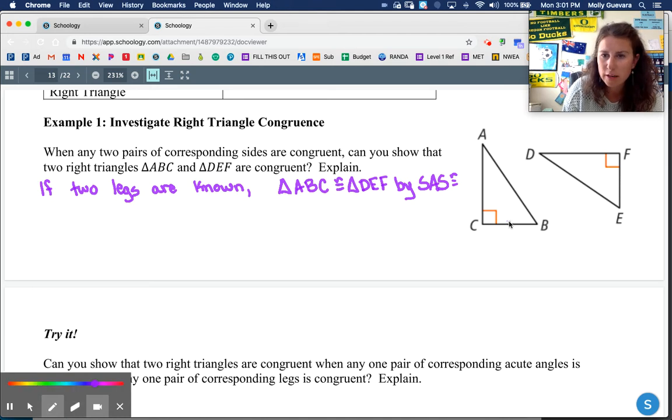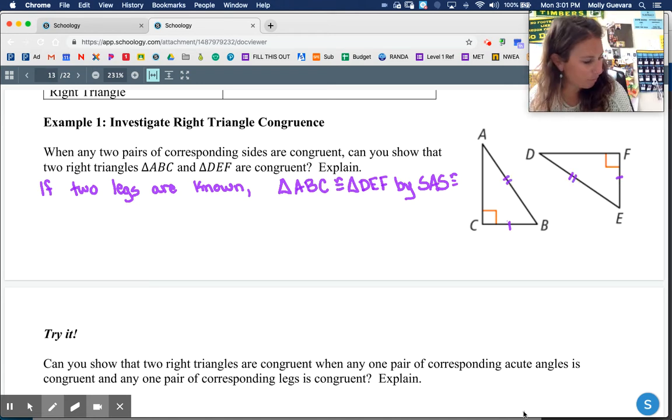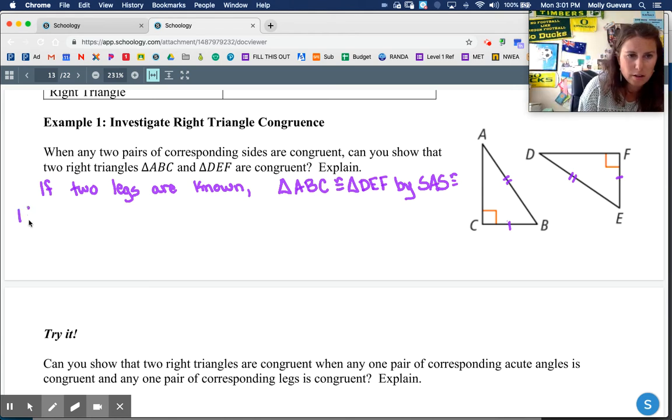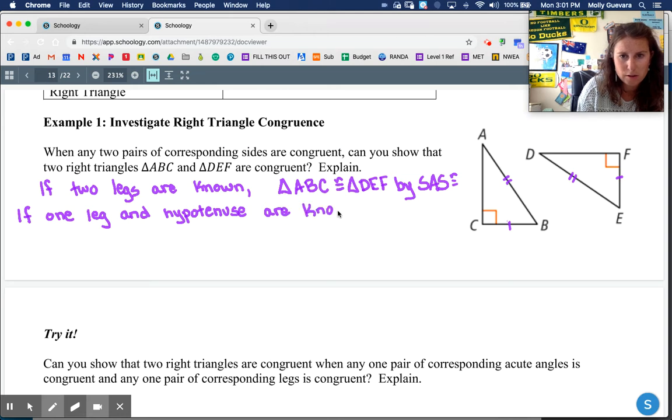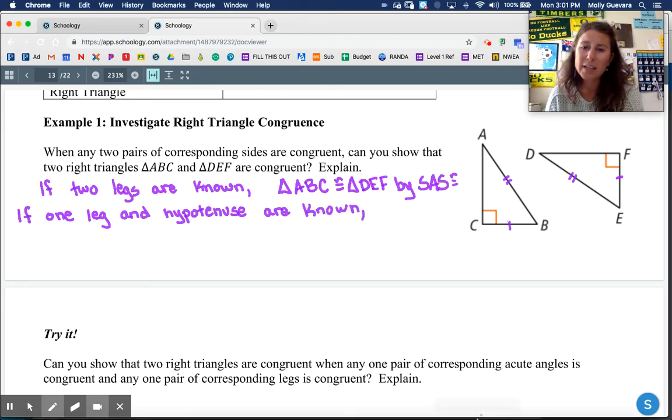If I know that a leg and the hypotenuse, okay, so if one leg and the hypotenuse are known, well, I can use Pythagorean's theorem to find this last leg, right?